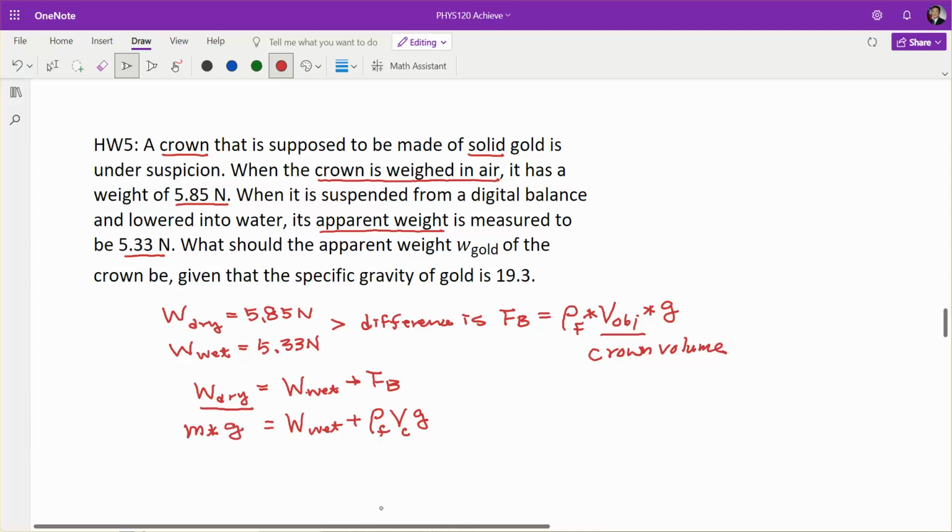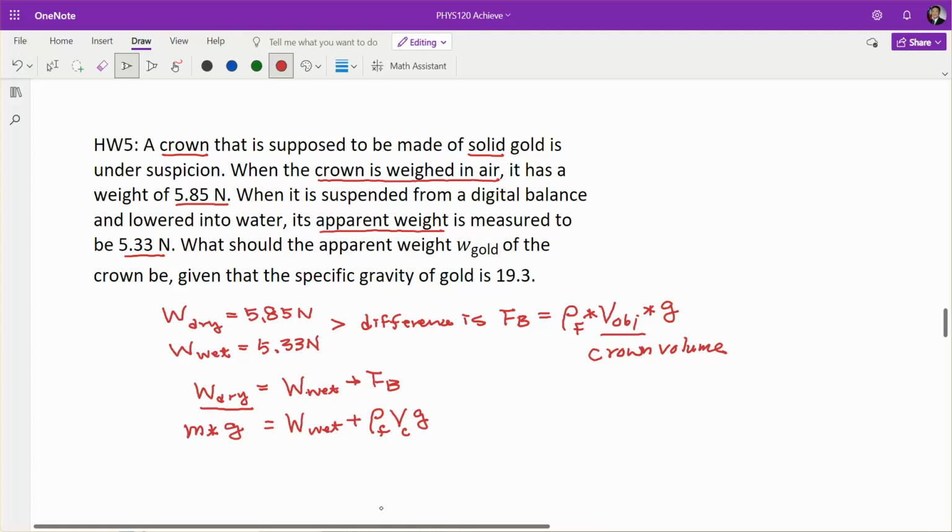We said the mass never changes. Your weight might change, because your g might be different, especially if you put it in the water. Now you cannot simply use the mass times g to represent the wet weight. It's different.